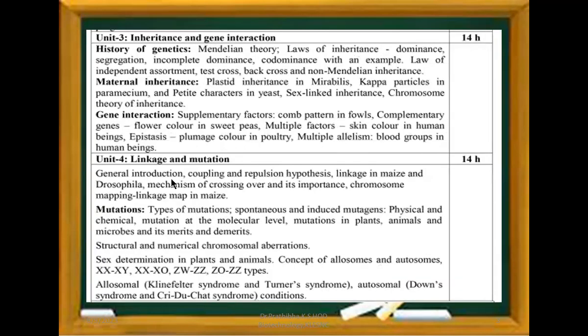Now let us go through Unit 3, titled Inheritance and Gene Interaction. Here, history of genetics, Mendelian theory, laws of inheritance, dominance, segregation, incomplete dominance, codominance with example, law of independent assortment, test cross, back cross, and non-Mendelian inheritance.